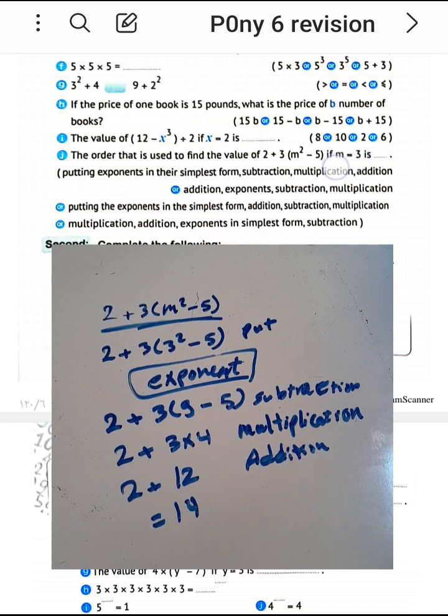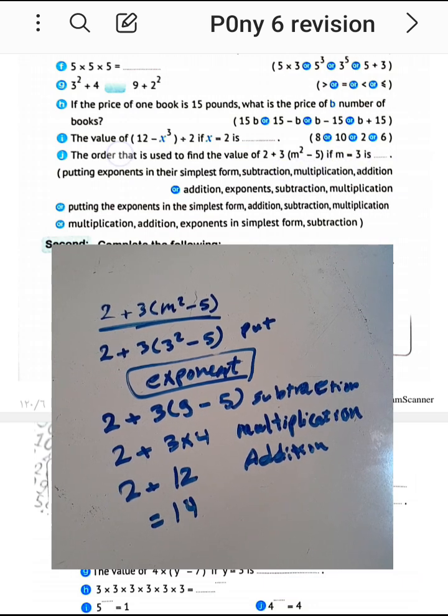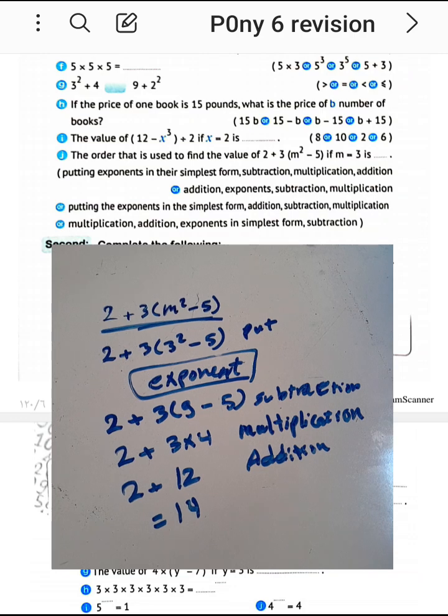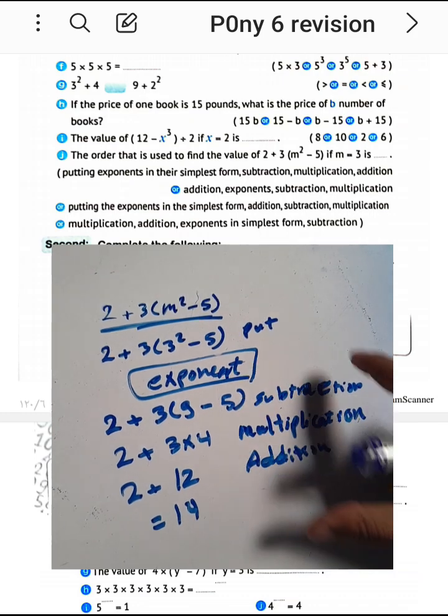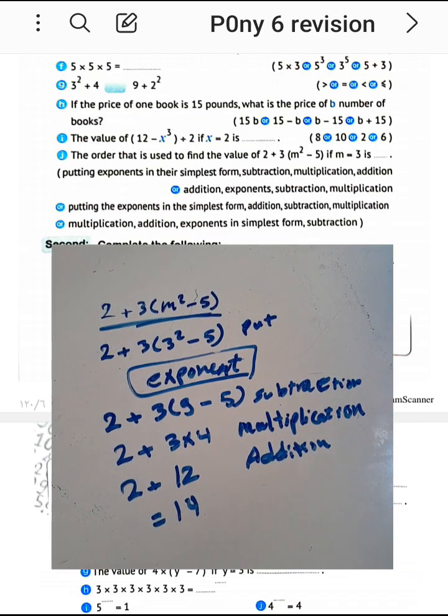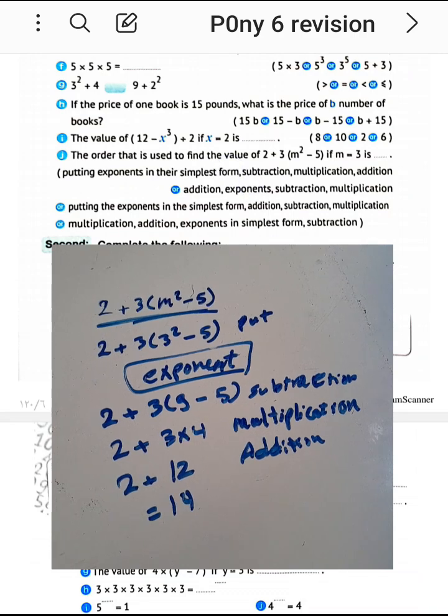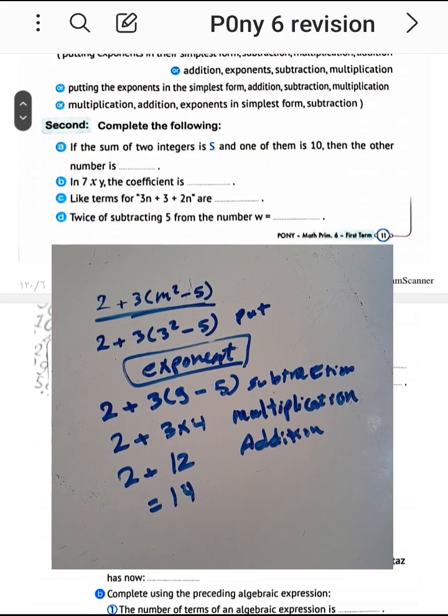Okay, choose the first solution here. Putting exponents in the simplest form, subtraction, multiplication, addition. Choose the first line here. Okay. Second question, letter A.